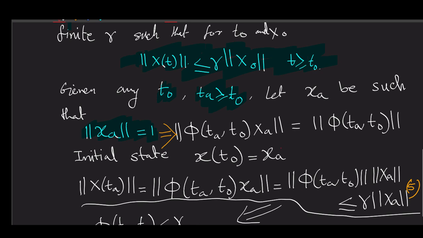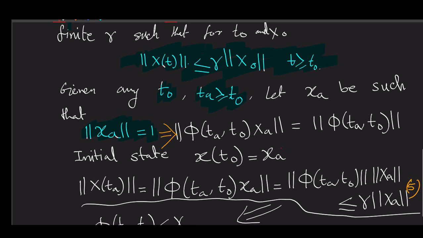So you can have x like, okay. So now we are selecting x(t naught) is equal to xa.